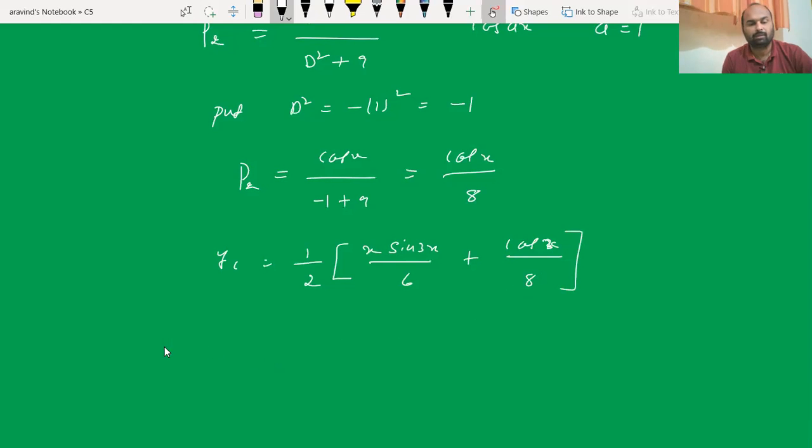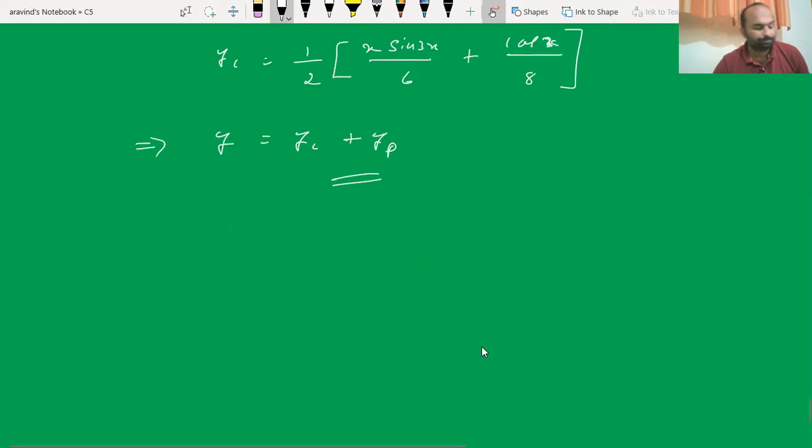So finally you just combine the complementary function and the particular integral, which constitutes the general solution of the given differential equation.